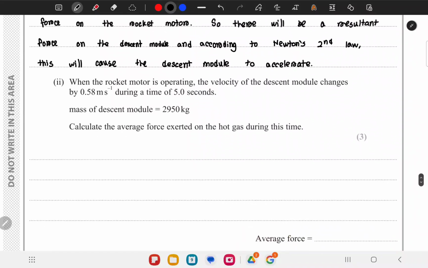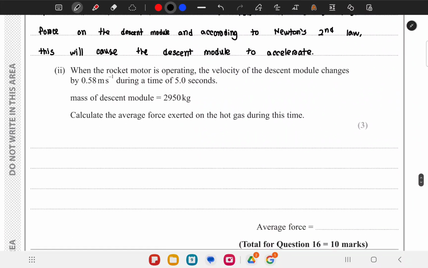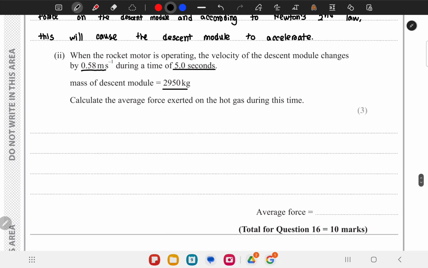Now moving on to part B2, we are given the change in velocity is 0.58 meters per second with a time of 5 seconds, and we are given the mass of the module. We have to find the average force. From the change in velocity and time, we can find acceleration.